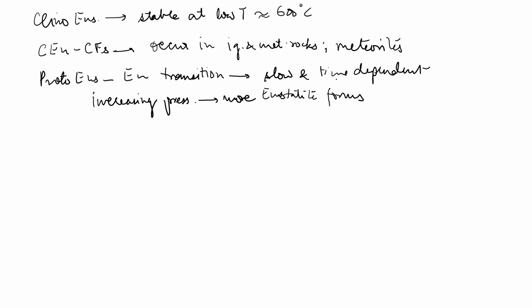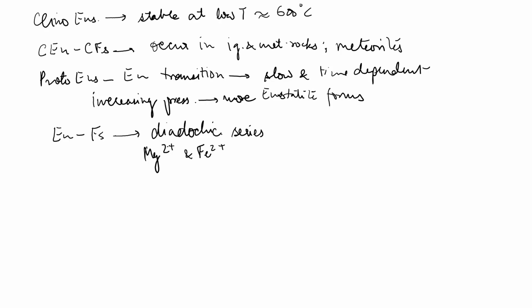And the enstatite-ferrosilite series is a diadochic series. I had told you in my previous lecture about olivines what diadochy is. So here in this diadochy we have a replacement between Mg2+ and Fe2+.